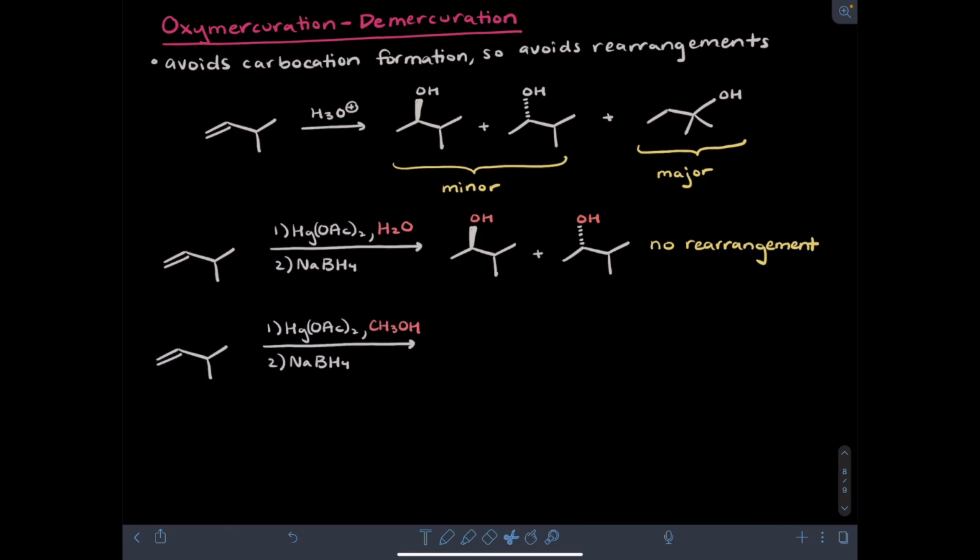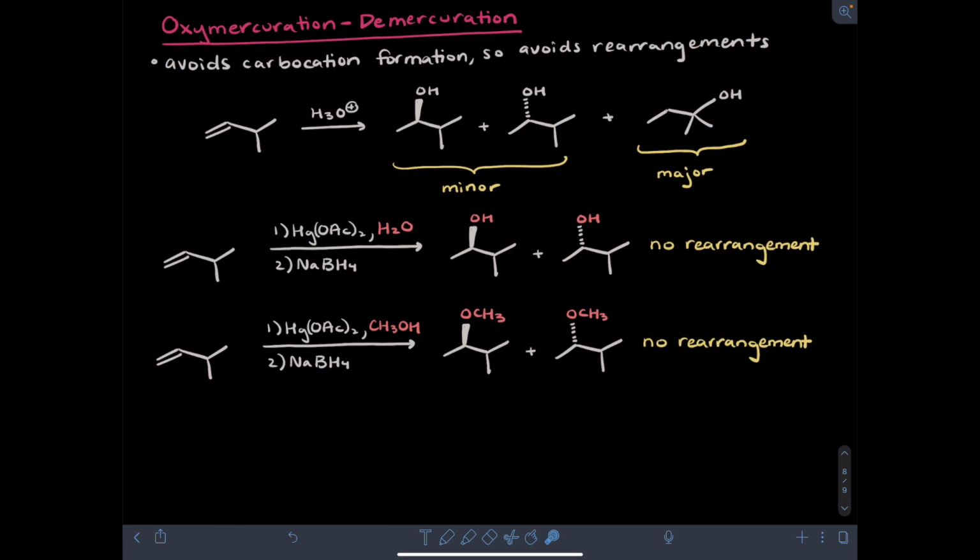So let's consider you started with the same alkene, and you had the same reagents for oxymercuration-demercuration, except that you substituted in a methanol solvent for water. Your reaction would add hydrogen to the less substituted carbon of the alkene, and then you would add your nucleophile minus its hydrogen to the more substituted carbon of the alkene.